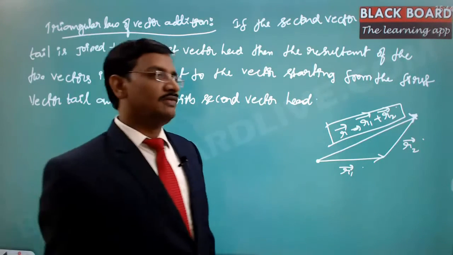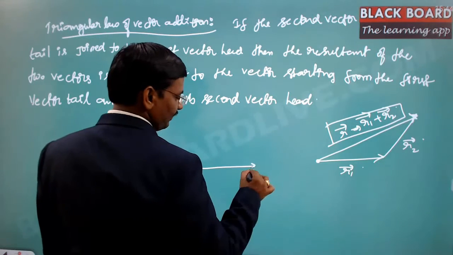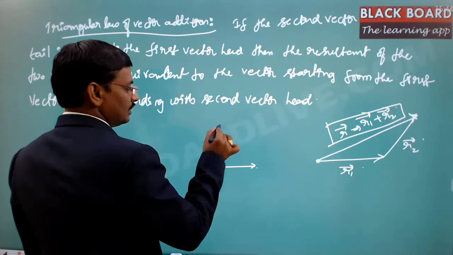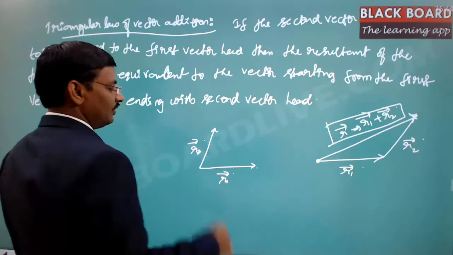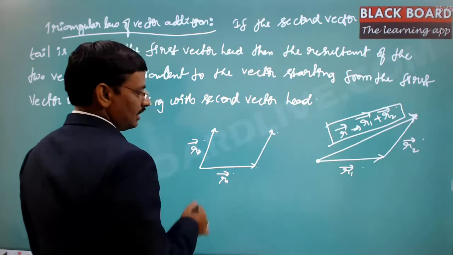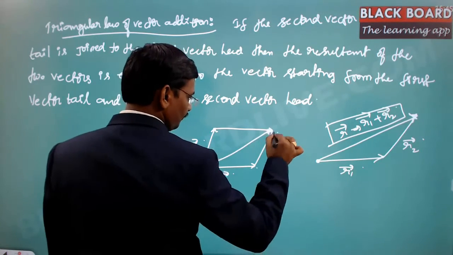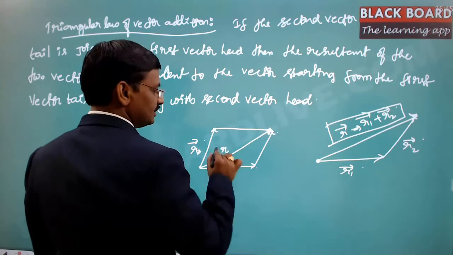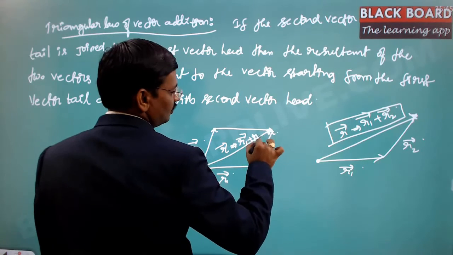This can even be derived from the parallelogram law also. You know that in the case of the parallelogram law, we take two vectors. Let us say this is R1 and this is R2. The way we add these two vectors is you draw a parallel vector to this and a parallel vector to this, and then join these two, and this represents the R vector, equal to R1 plus R2.